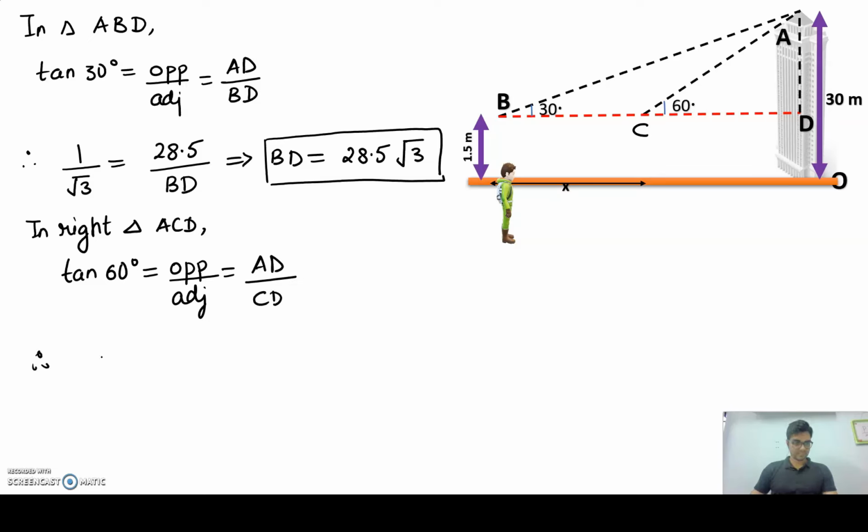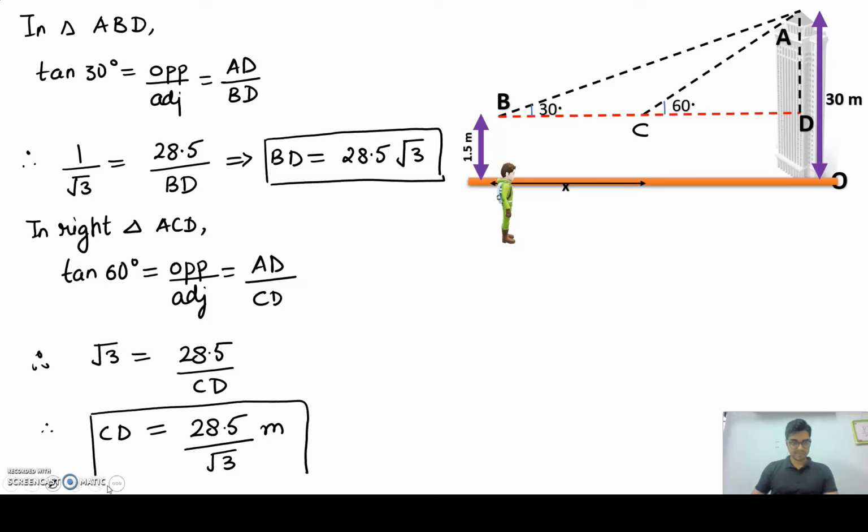Tan 60 is root 3. What is AD? AD is nothing but 28.5, and CD we have no idea. Therefore CD will be 28.5 upon root 3 meters. So we have calculated both the things.